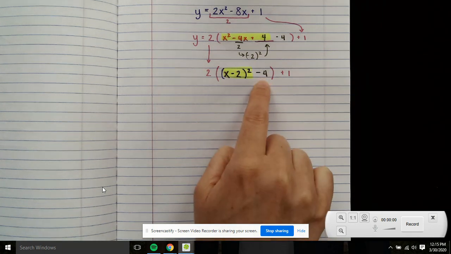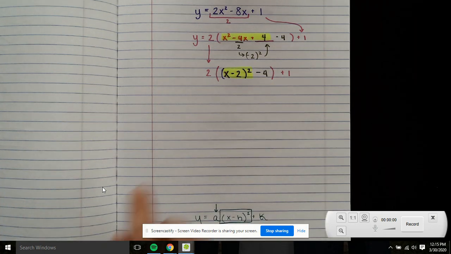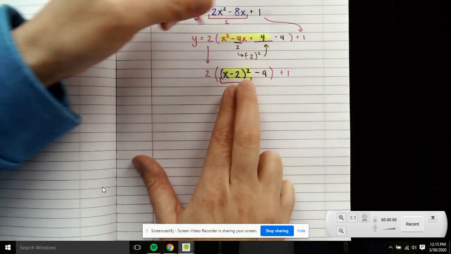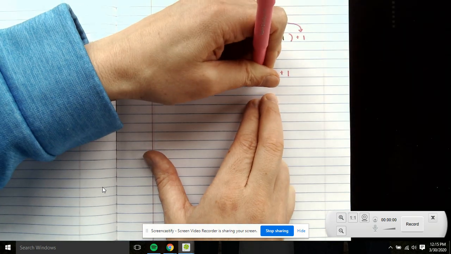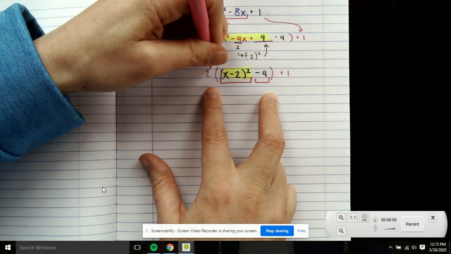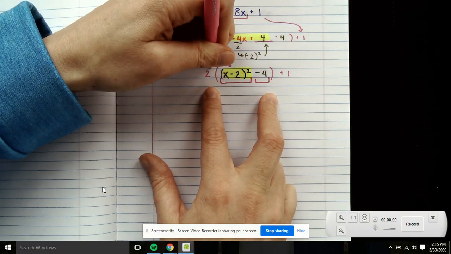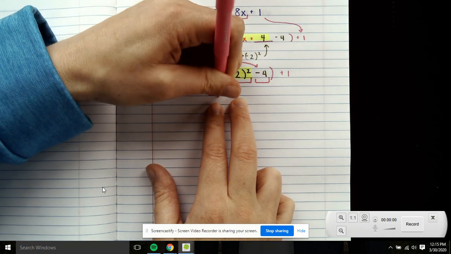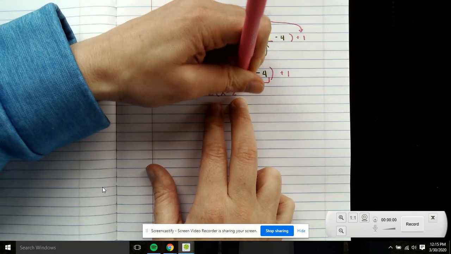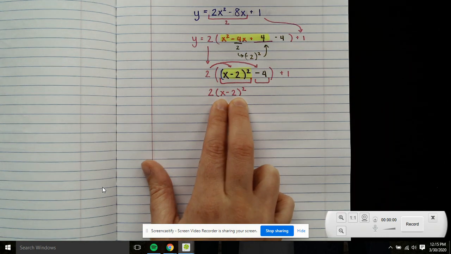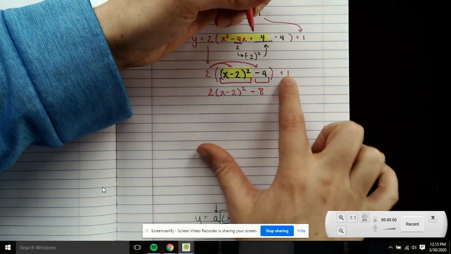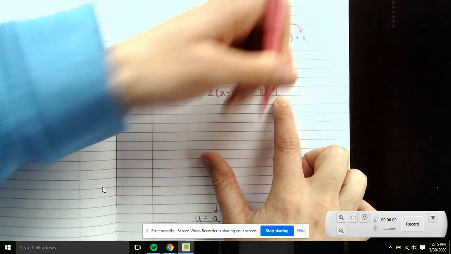I want to take this out, and I want to address the 2. These are 2 terms in the parentheses, (x minus 2) squared and -4. So if I distribute this, this becomes 2 times (x minus 2) squared minus 8, and then again, I have plus 1 off on the end.